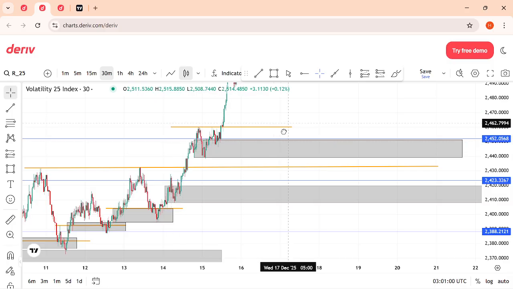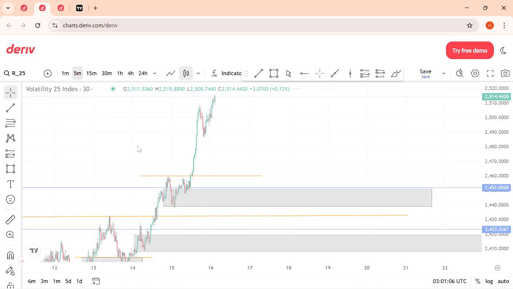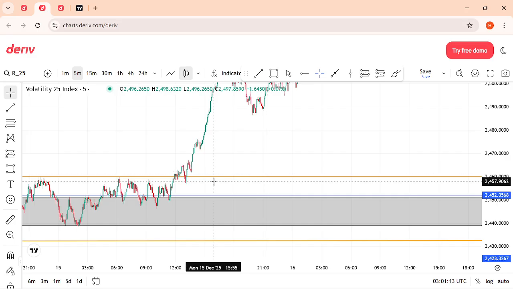But I am very sure this is where price would get to react from and maybe continue its move to the upside, using this zone, which is this order block.